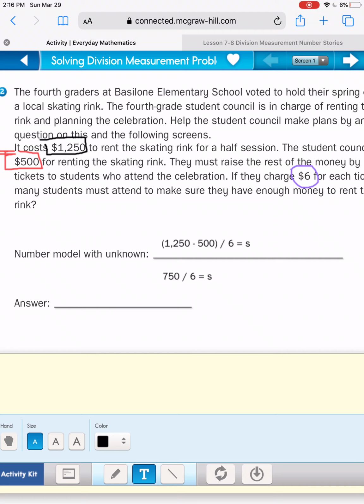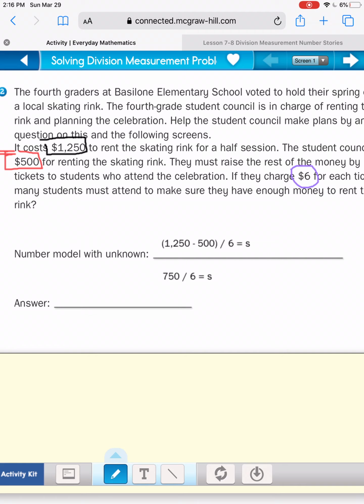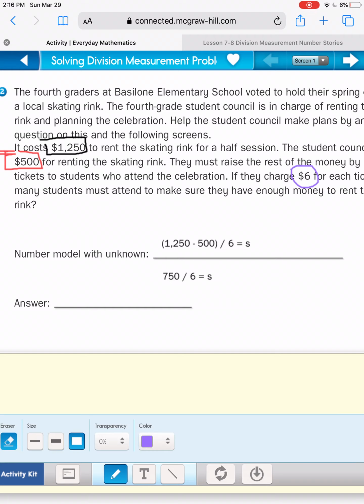All right, so I'm going to go ahead and set up my problem. 750 divided by 6.